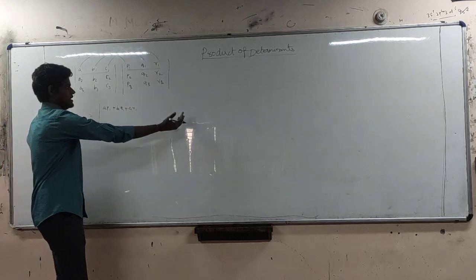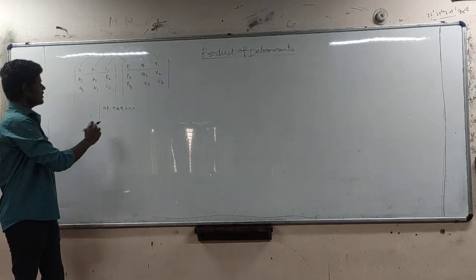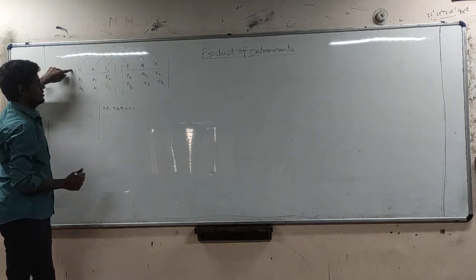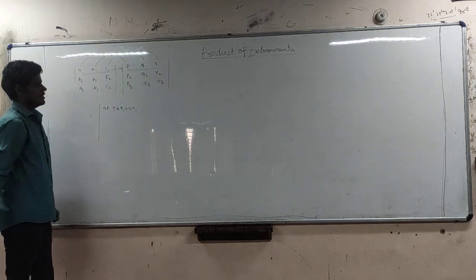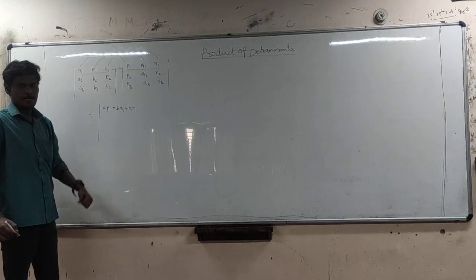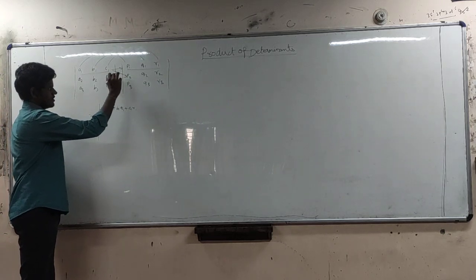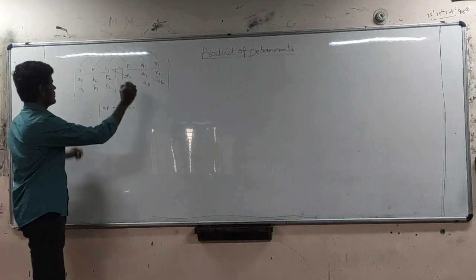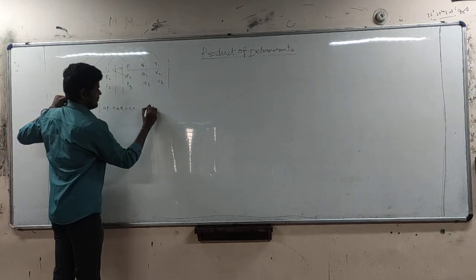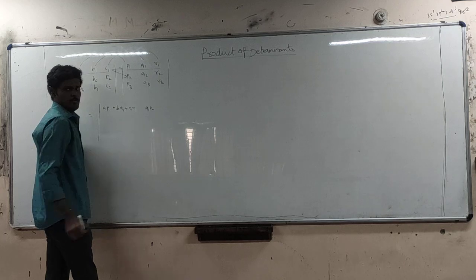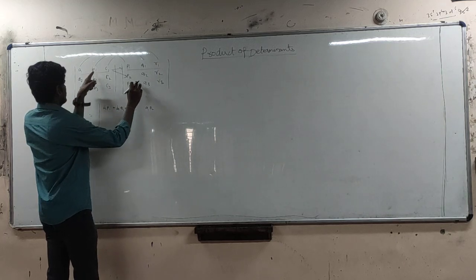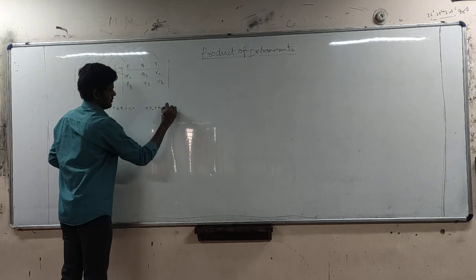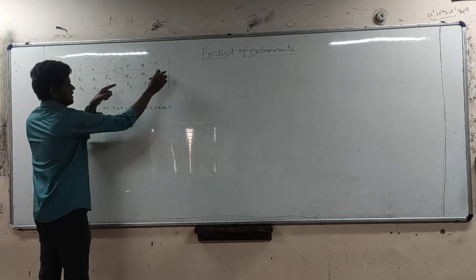Now how to write the second element? Take the first row and second row. First row to first row is the first element. First row to second row is the second element, 1, 2. So here A1 P2 plus B1 Q2 plus C1 R2.